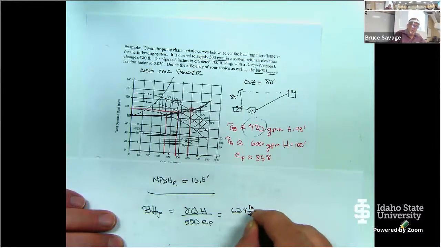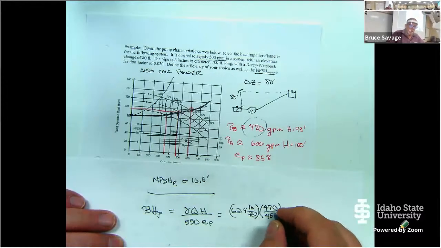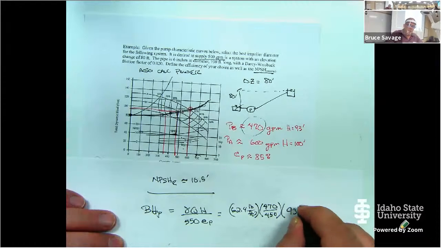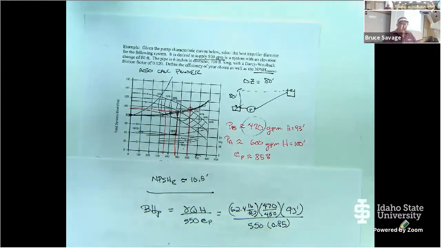62.4 pounds per cubic foot times our flow rate of 470 or 500, whichever you pick. I'm going to divide that by 450. And then I can multiply that by the amount of head, 93 feet, and divide that by 550 times 0.85.